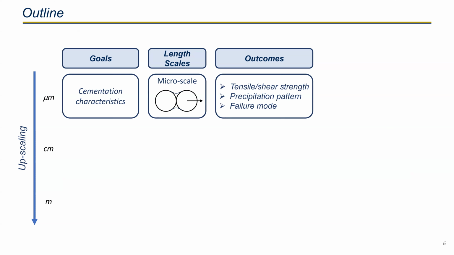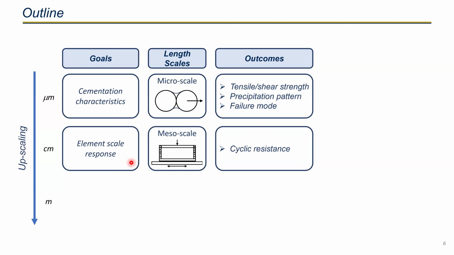Insights from this scale help predict the behavior of MICP treated soil, providing a foundation for upscaling to the larger system. And at the element scale, which is the lab test scale, we can observe the behavior of soil elements that represent a manageable portion of the large system. This scale of test provides crucial data for engineering application and model validation.